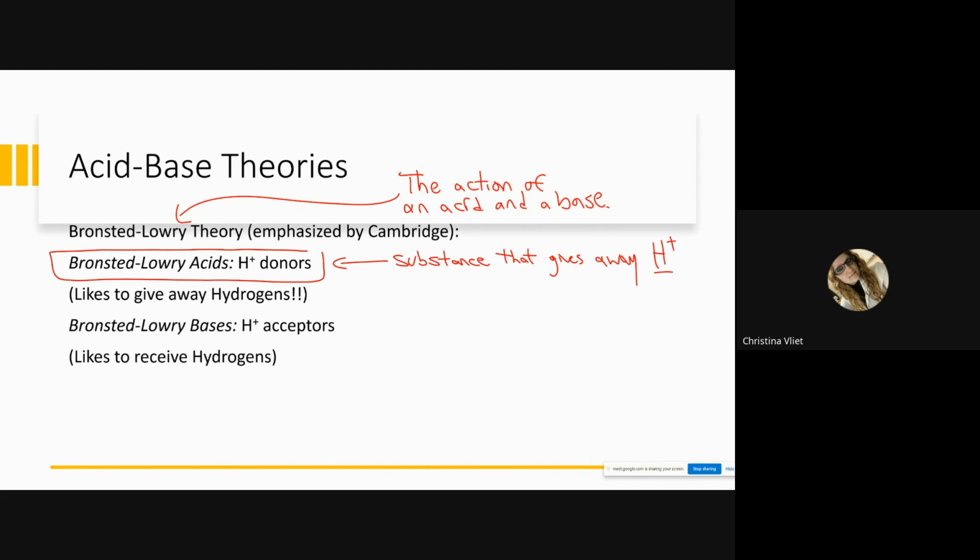In the business of giving away H plus. And then a base is an H plus acceptor. What does that mean? Something that will take the H plus from the acid.